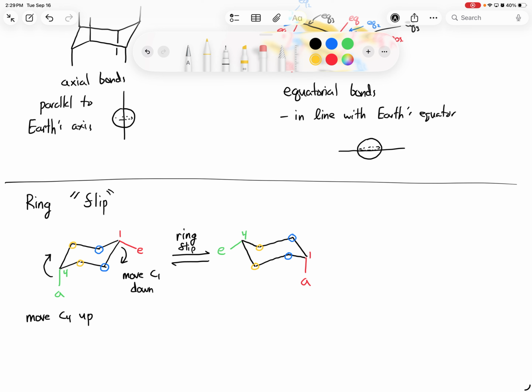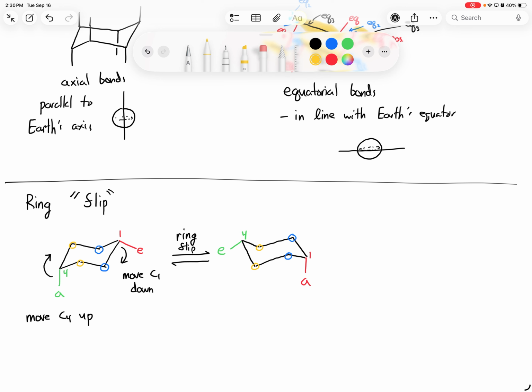It's not like carbon 4, the apex or the top of the peak, the point where they meet on 4 on the right. Those stay the same. And the point where they meet on number 1, that's the same point pointing down in the right structure. But the circles there actually don't stay the same when you go to the next structure.